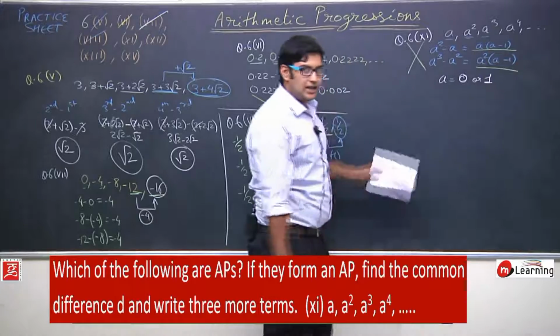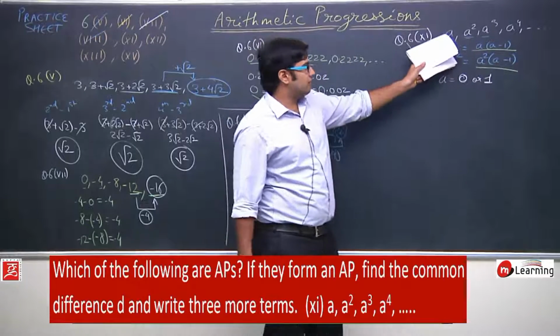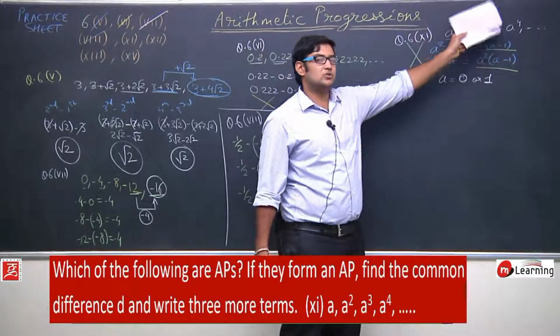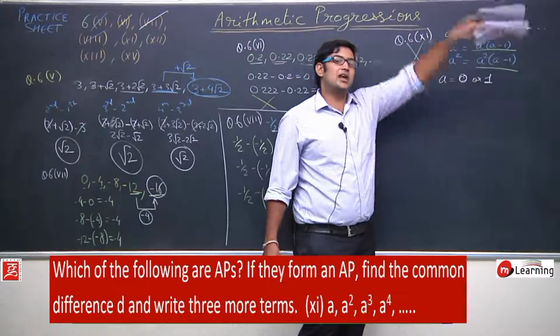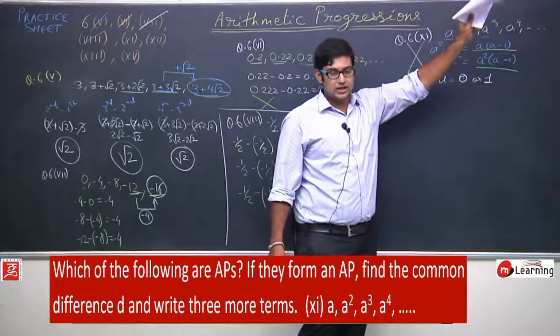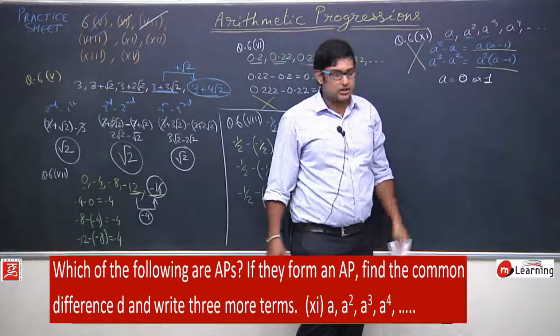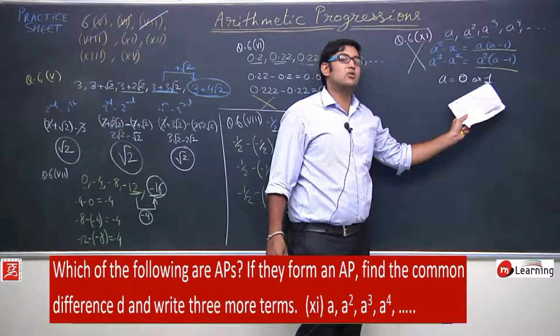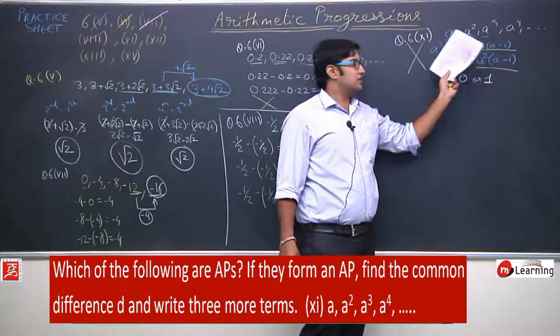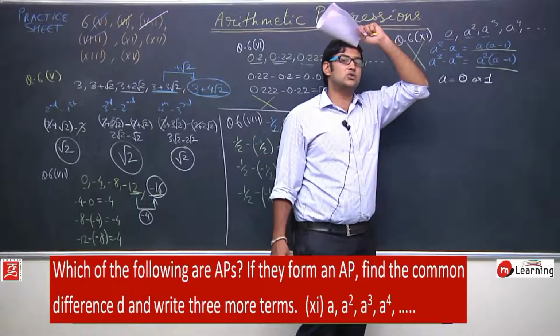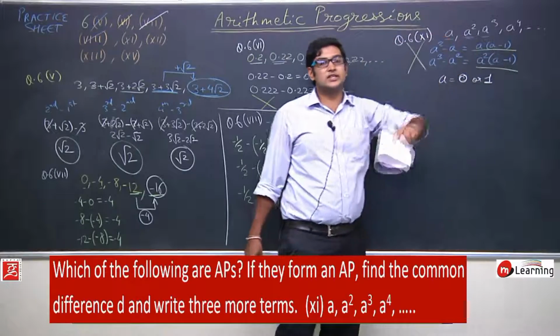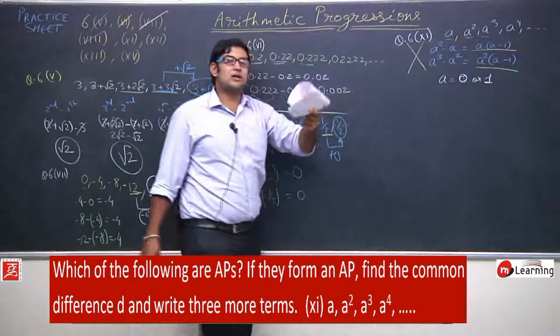Okay, if I put the value of a as 0, then a will be 0, a square 0, a cube 0, a to the power 4 0, and all the terms will be 0. Okay, so it can become an arithmetic progression. And if I put the value of a as 1, then also this will be 1, this will be 1, 1, 1 and so on. So all the terms of this arithmetic progression will become 1.